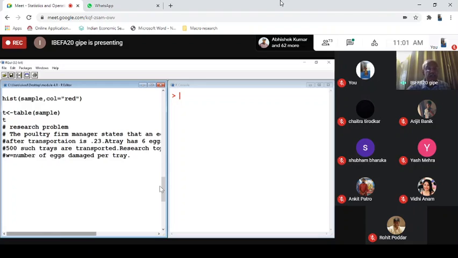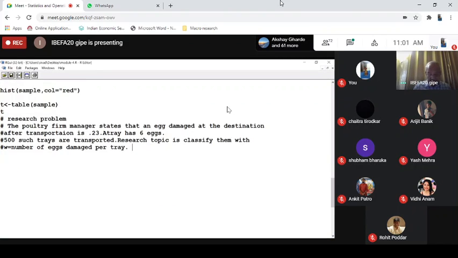This is the research topic. This means W equals 0, 1, 2, 3, 4, 5, 6. What are the frequency of trays?